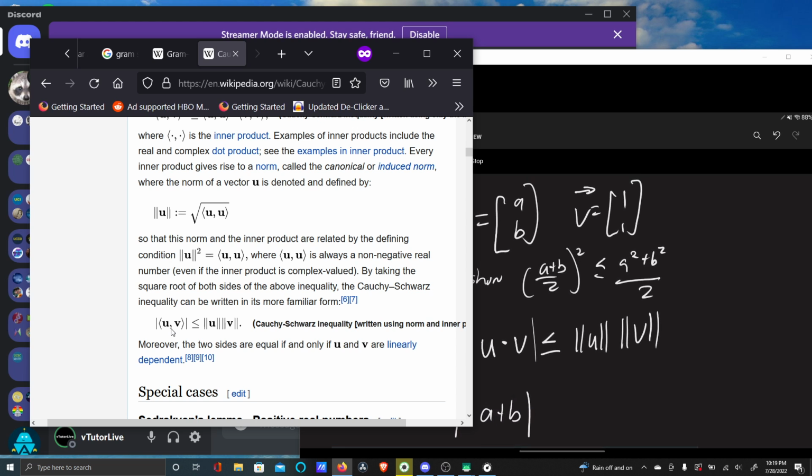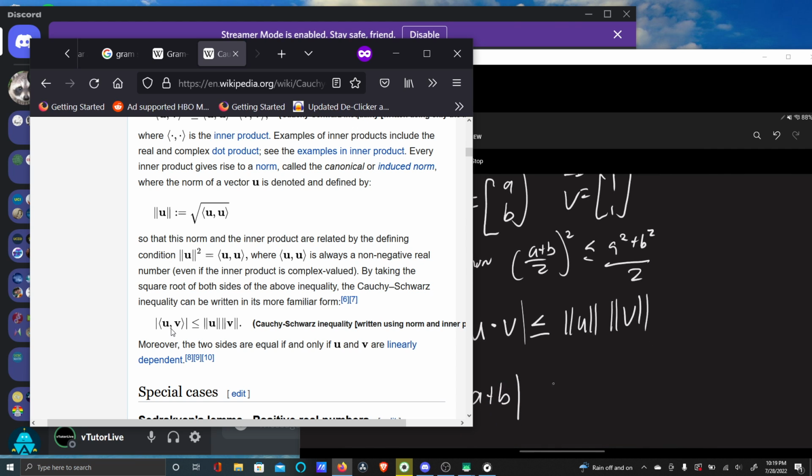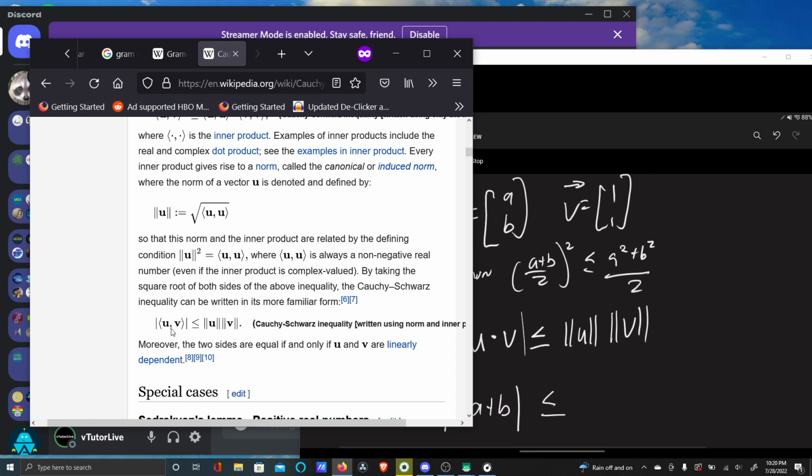That's just u dot v, less than or equal to the absolute value of u, which is the square root of a squared plus b squared, right?